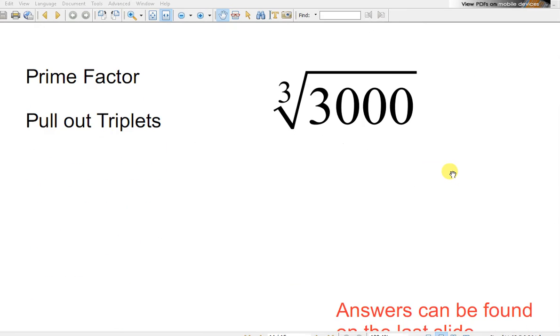Oh my goodness, cube root of 3,000? Let's see what happens here. Let's break down 3,000. That's 3 times 1,000. And 1,000 is actually 10 times 10. That's 100 times 10. There's my triplet right there.